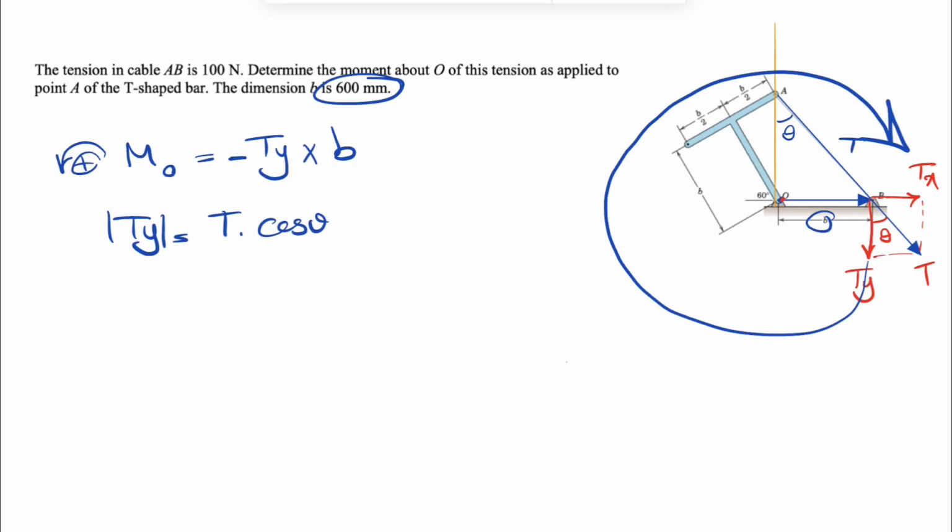Again, the figure is a little bit misleading because the point A and O are not on the same line. The point O is a little bit to the right, regarding the X component. Our O is a little bit to the right, so we have to watch that for finding theta.